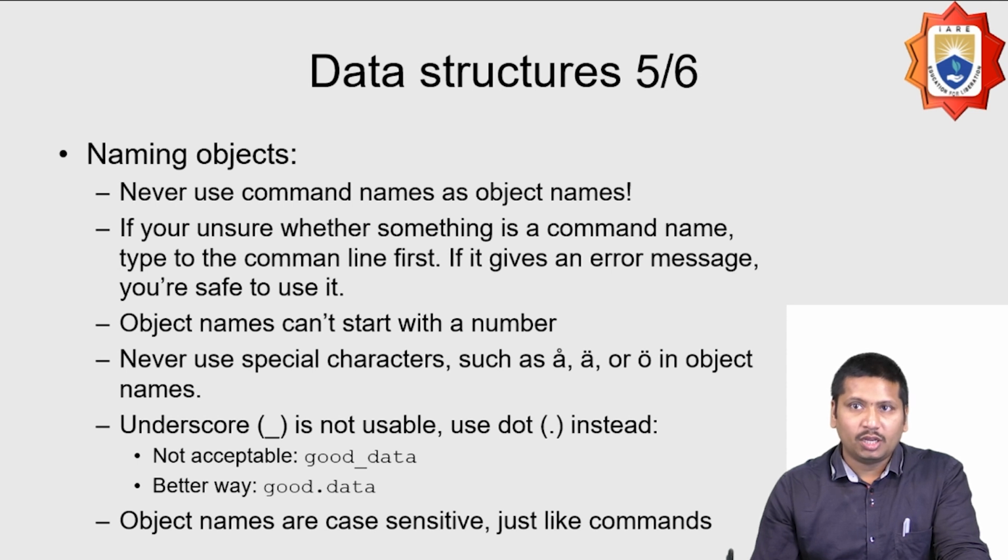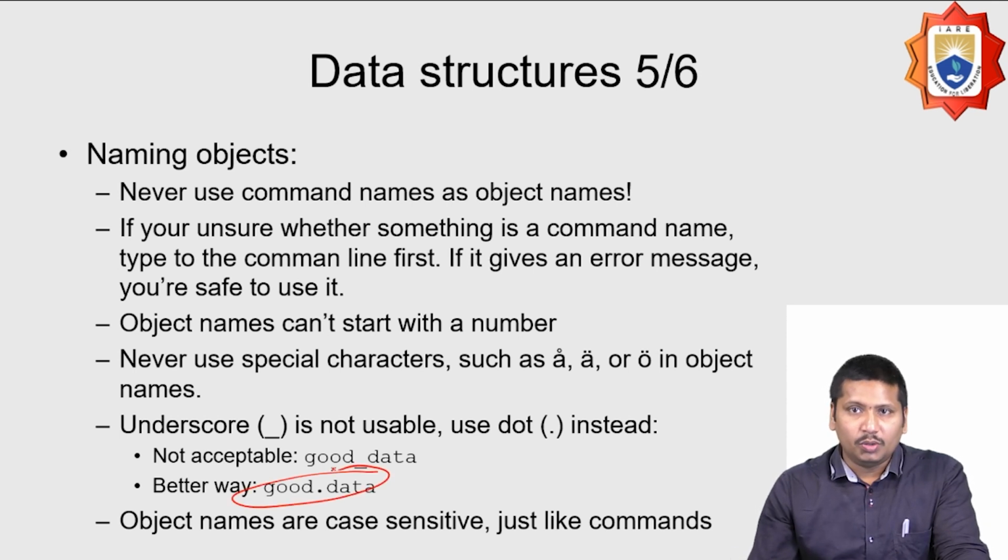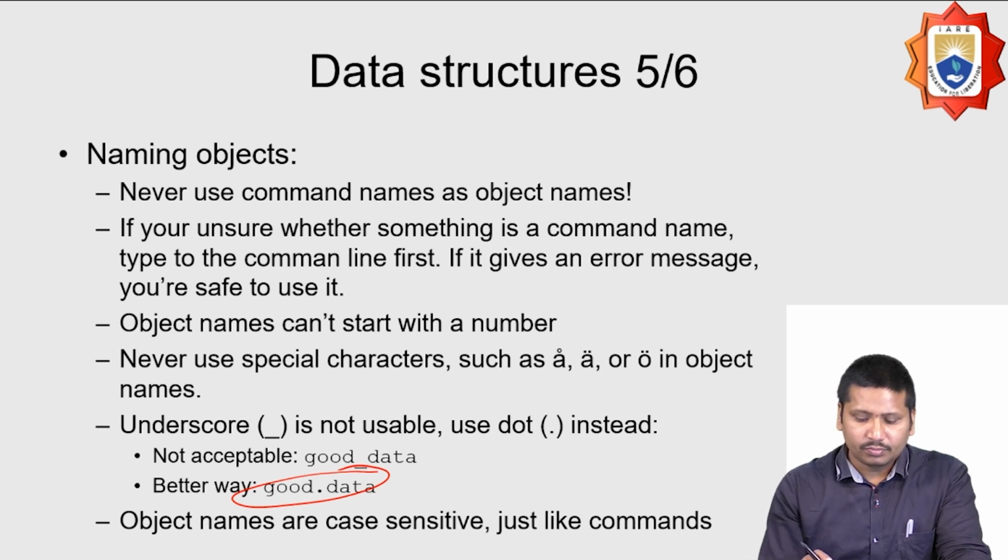Object names cannot start with a number, and never use special characters in object names. Underscore is not usable, use dot instead: not acceptable is good underscore data, but it should be good dot data. And object names are case sensitive, just like commands here.